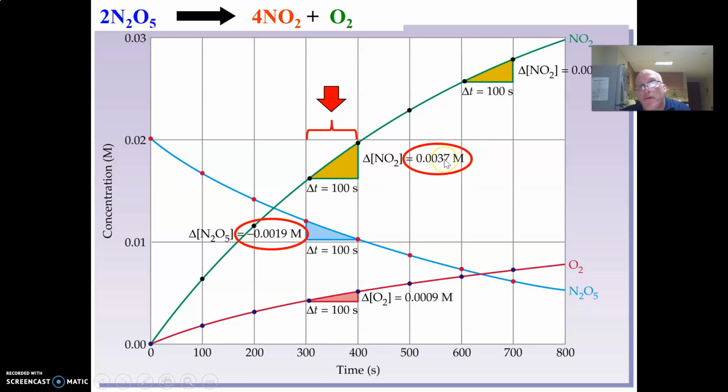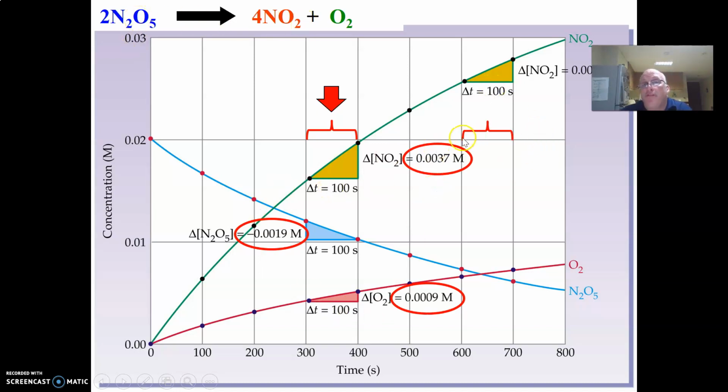So that figure is about half that figure. And you can see that the oxygen would have risen by a quarter of the amount that NO2 has risen. So here's the NO2, and that is about a quarter of that, isn't it? Okay? So you can see how these numbers relate to each other simply by looking at the equation.